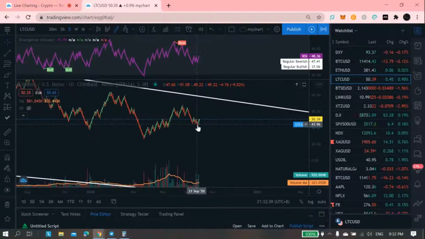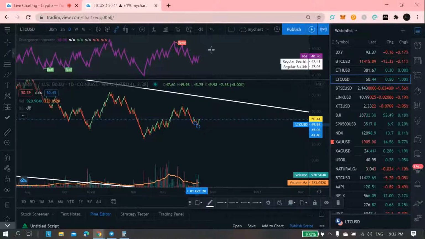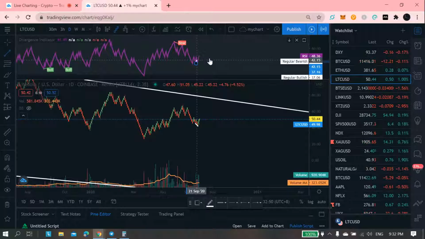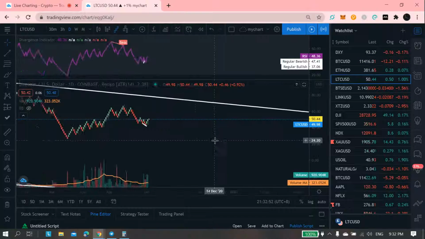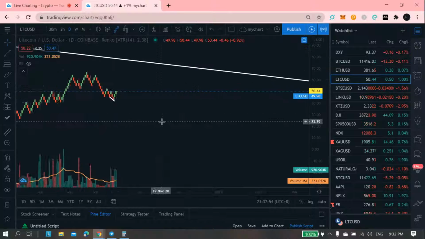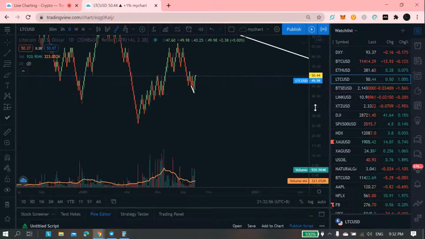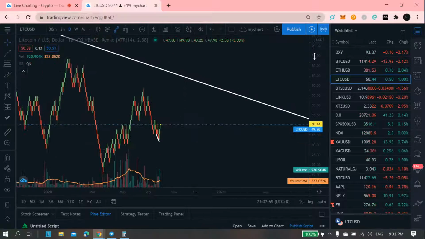Here the price is going down, but the indicator is going up. So that's why I entered a long position. Aside from that, of course, the risk reward is attractive.